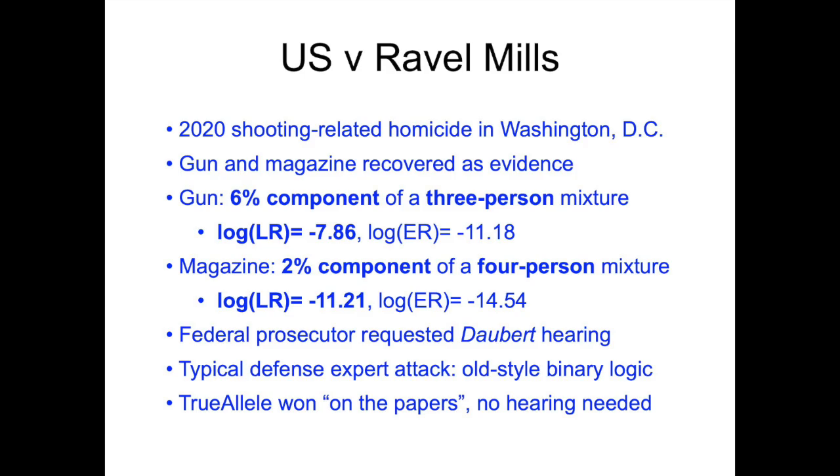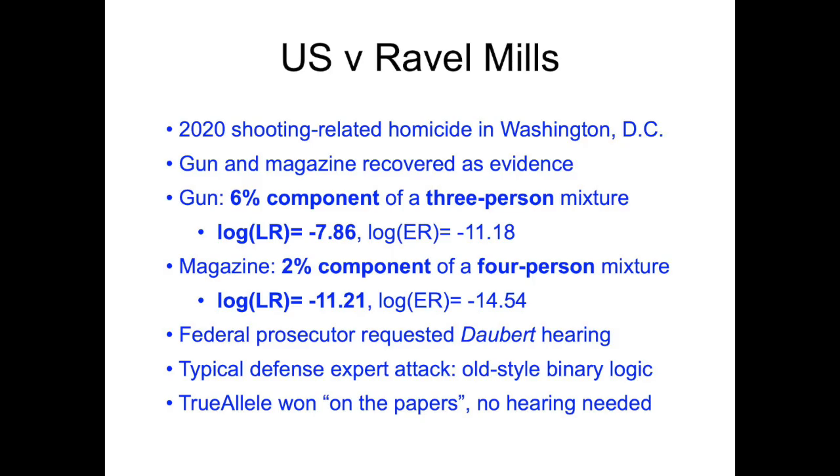It's a case that we got involved in about 2 years ago. It was a shooting-related homicide in Washington, D.C. The federal defenders engaged us. We looked at a gun and a magazine that were recovered. The gun had a 6% component of a 3-person mixture with a log LR of negative 7.8, that is less than 1 in 10 million.